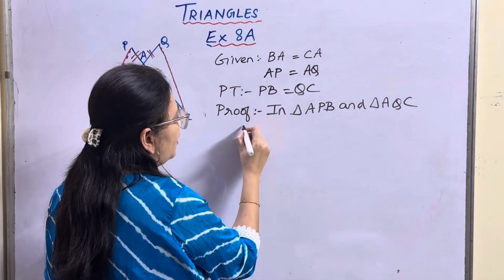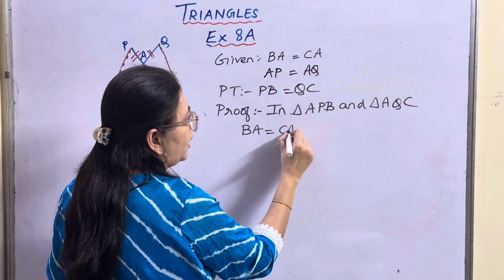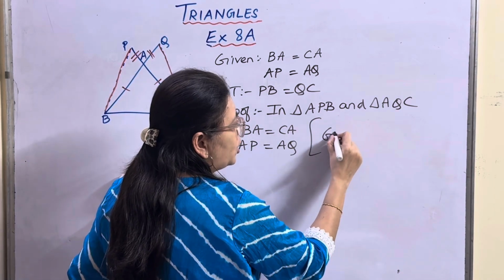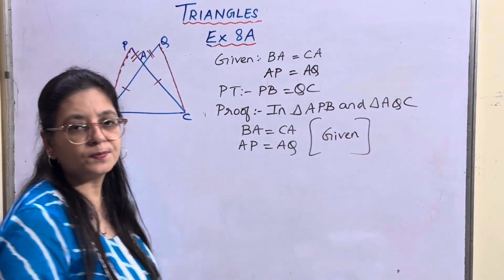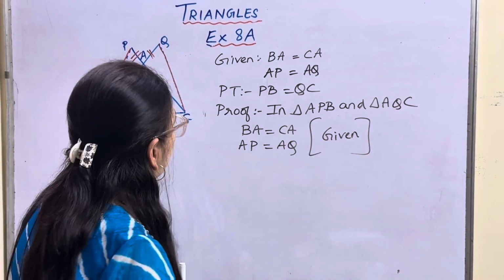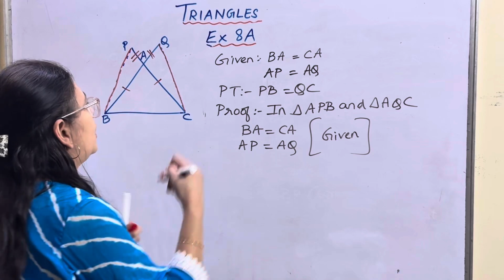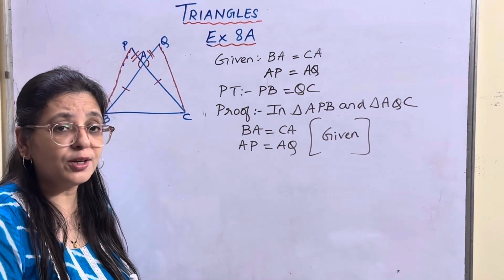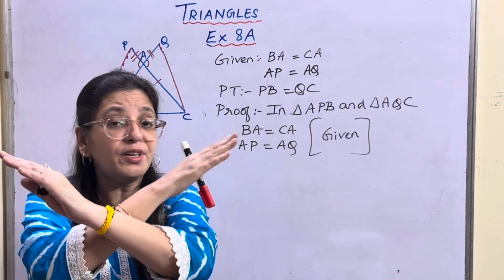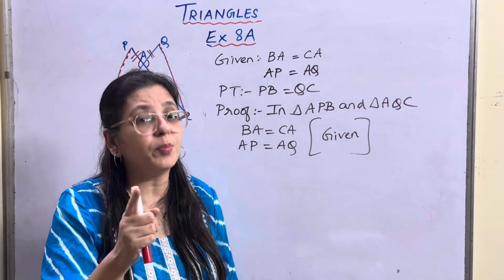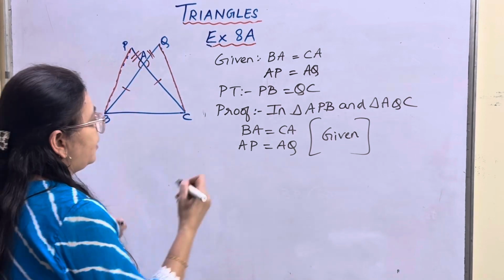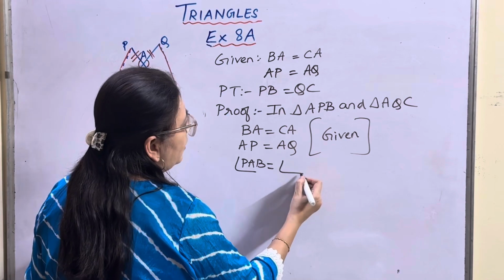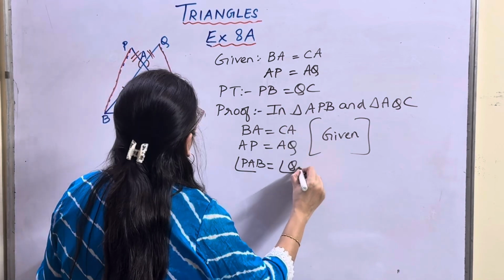What is given? BA is equal to CA and AP is equal to AQ. These two pieces of information are given to us. Correct? Now think of the third condition. Third condition is this angle is equal to this angle. Can you name which kind of angle it is? Crisscross. It is a vertically opposite angle. So angle PAB is equal to angle QAC.